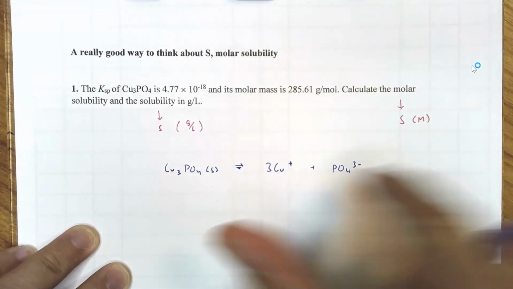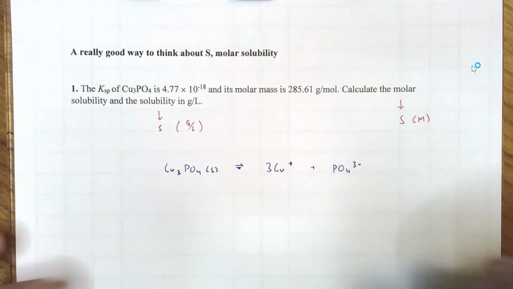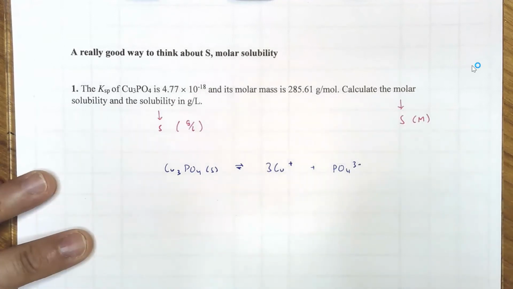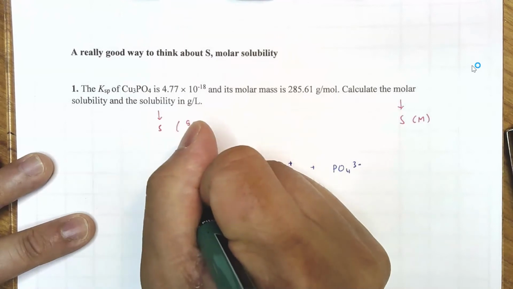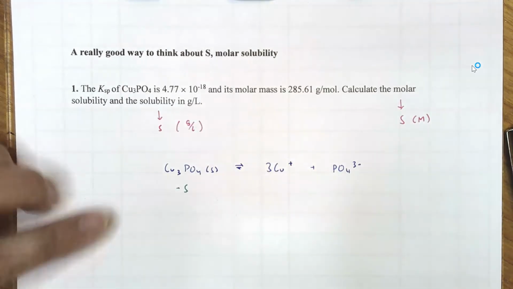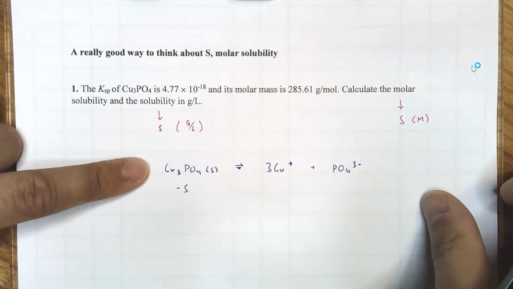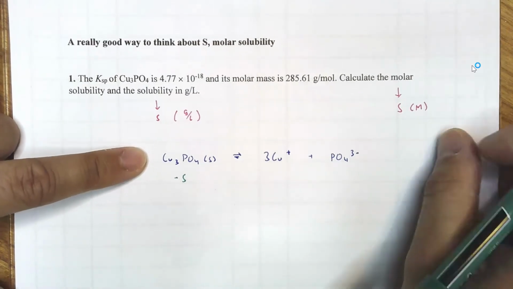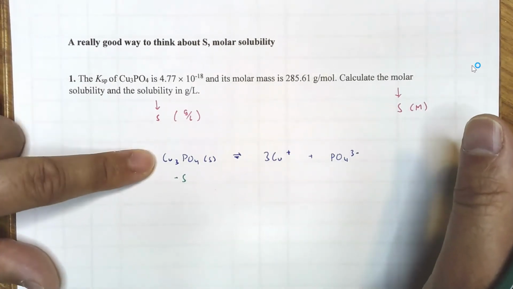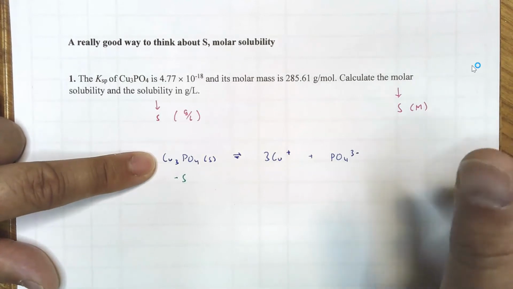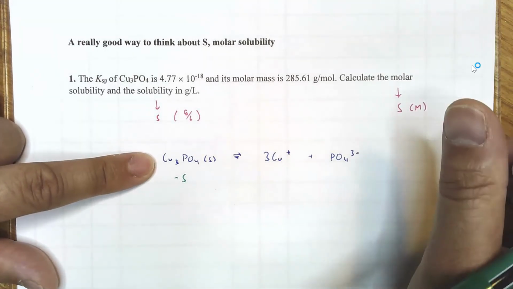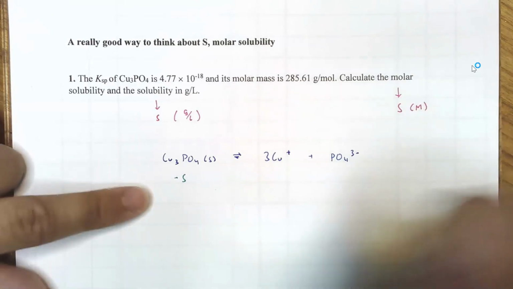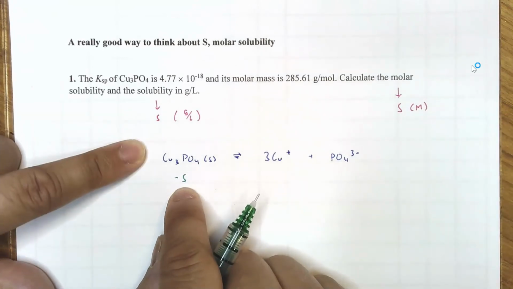Okay, that's not new. What is new, and what we did in office hours, was we conceptualized S as the amount of salt that is dissolved, that ionizes. So for instance, if we have 1 molar copper 1 phosphate and 0.8 is dissolved, we're going to minus 0.8 from the 1 molar.